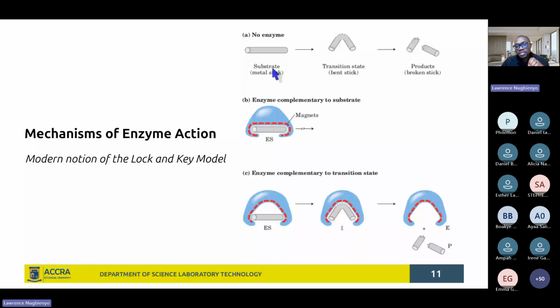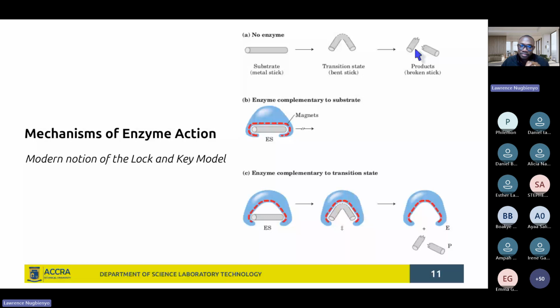So then you can propose that the transition state is a bent state, a bent condition of that substrate. So you have a transition state where the stick is bent. And in the end, you have the products, which will be two broken pieces of the metal. So that's the reaction that is to be catalyzed by an enzyme.